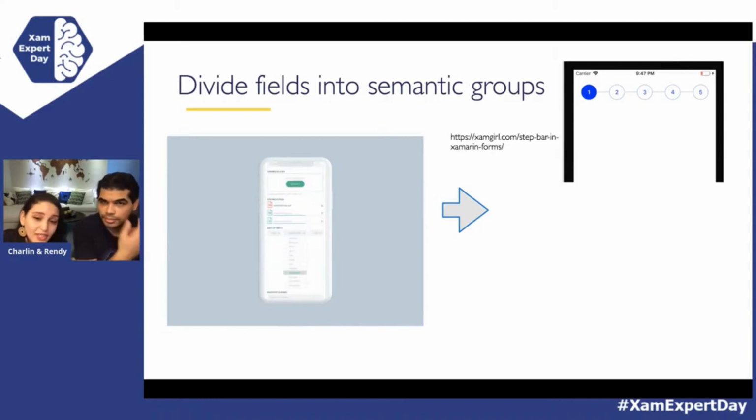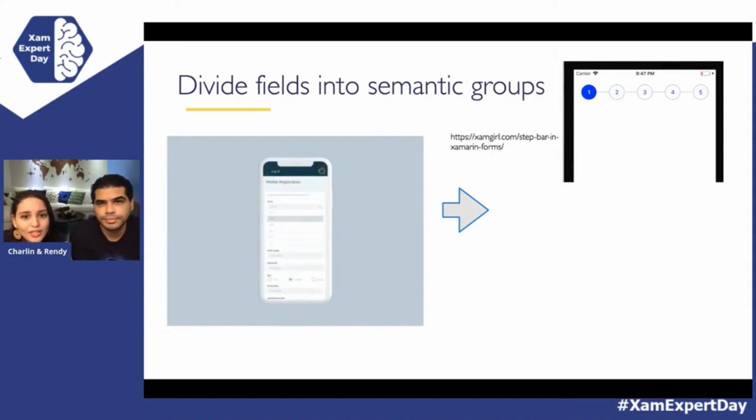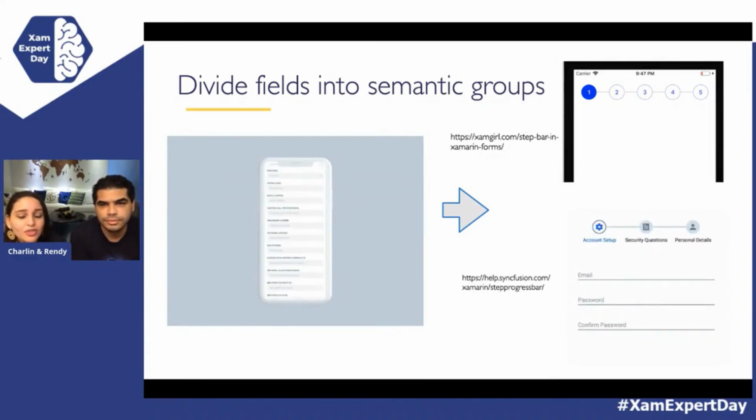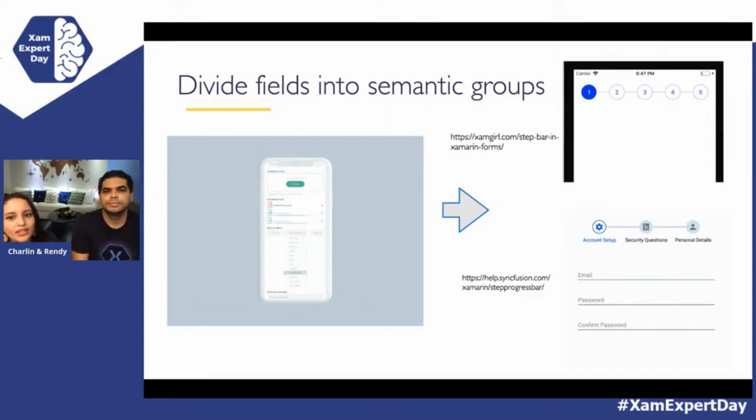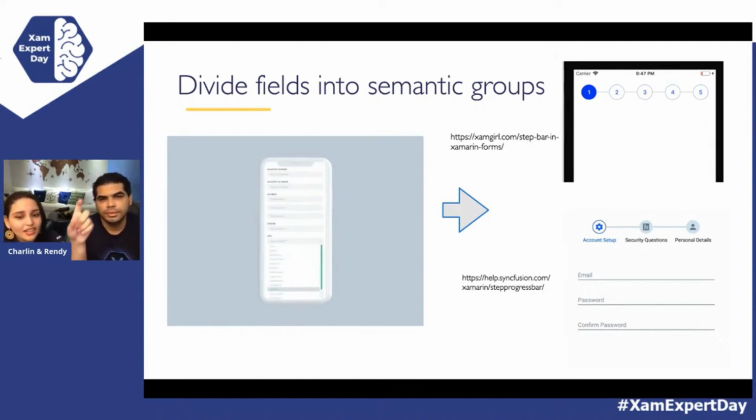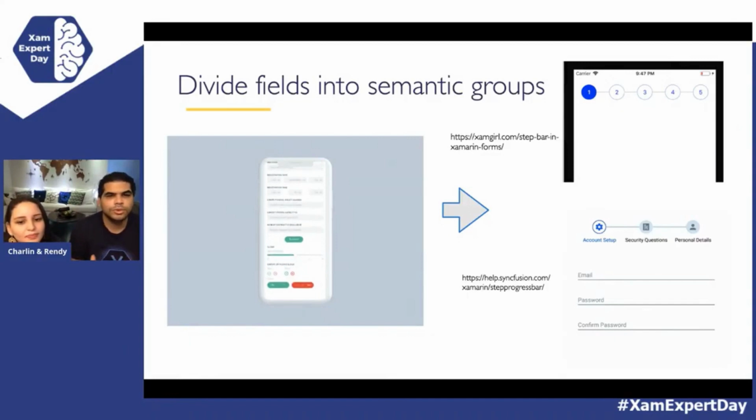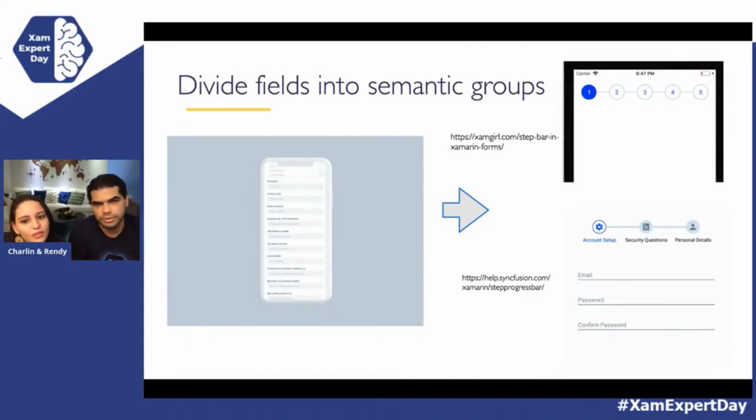I wrote an article a while ago about how to do a step bar, so this is an option that you can use to divide the fields in your forms. But also Syncfusion has a really nice control called a step progress bar. So kind of a wizard, right? Yeah, kind of a wizard, and you can add images and text there. It's easier if you can see, okay, this is the account setup, this is the security question, and it feels like a more friendly way to request information.